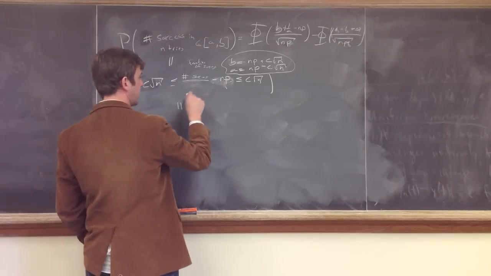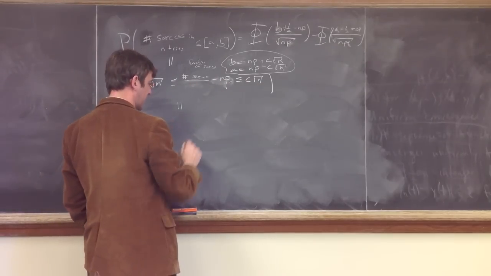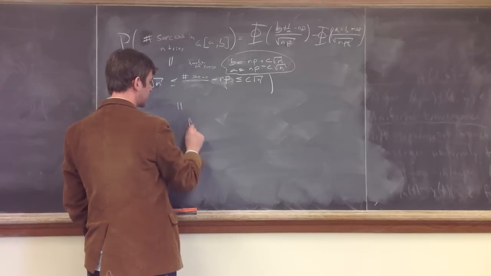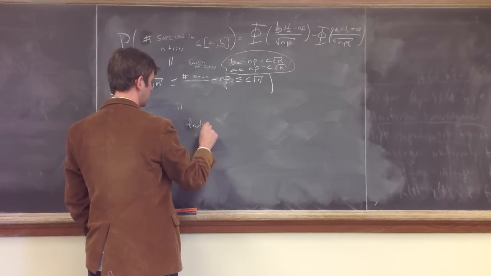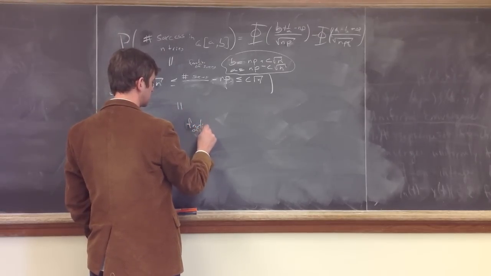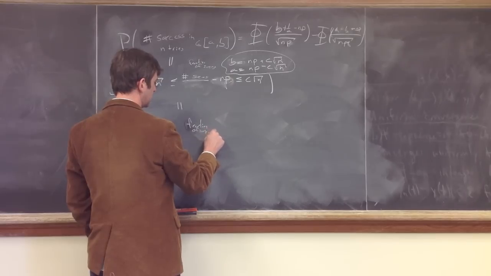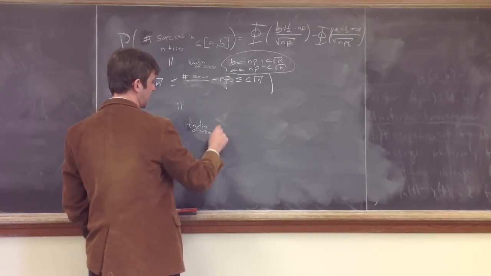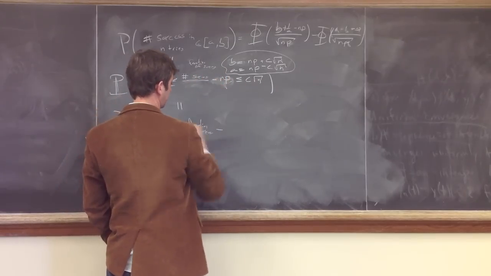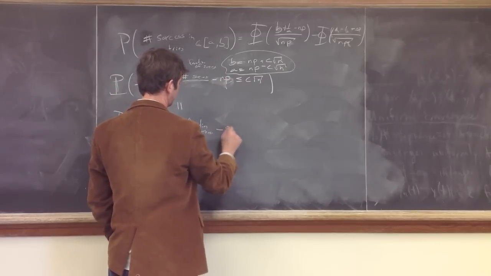Now if I divide through everywhere by n, I get that the fraction of success, which is just the number of successes divided by n, is different. So np divided by n is p.